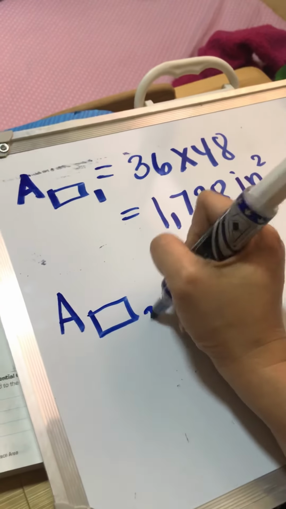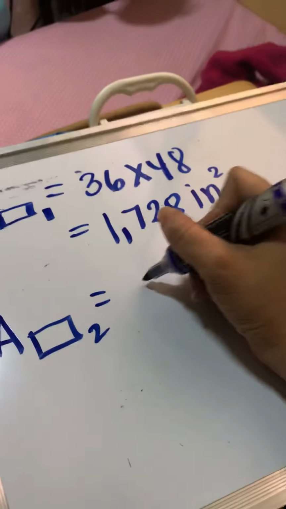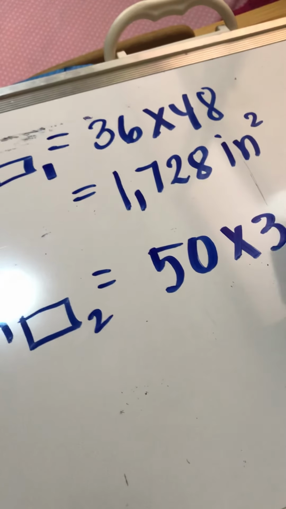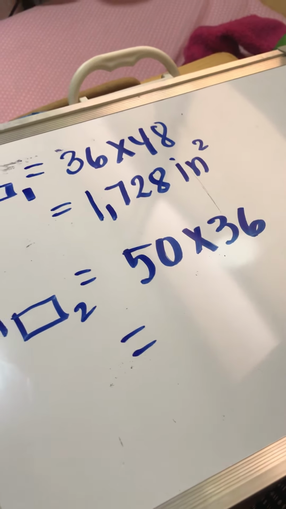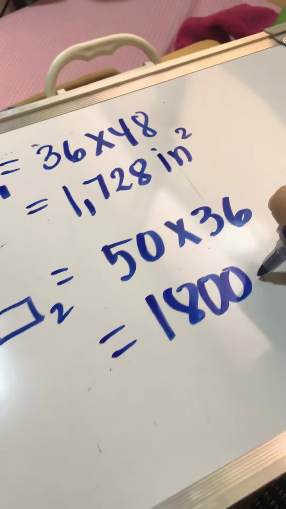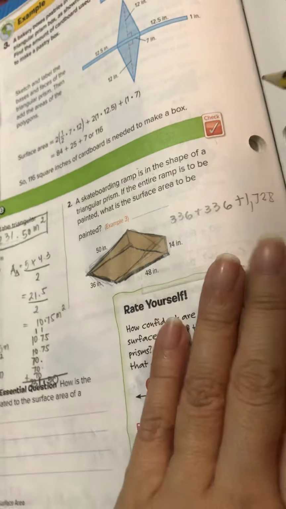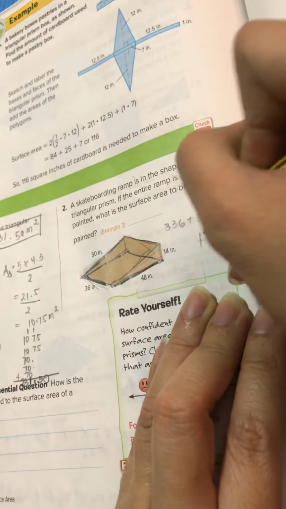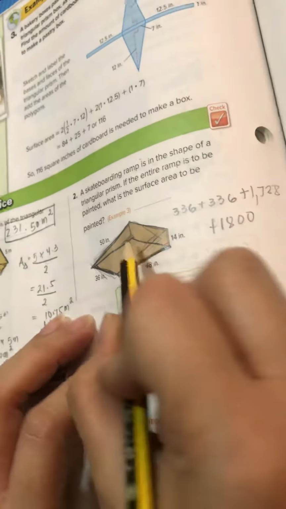Area of rectangle 2 equals 50, which is the side, multiplied by 36. 50 times 36 will give us 1,800 inches square. So we got the second rectangle. We can write it on the side, or you can write it down because you have really small space. So I'll put it down. Plus 1,800.